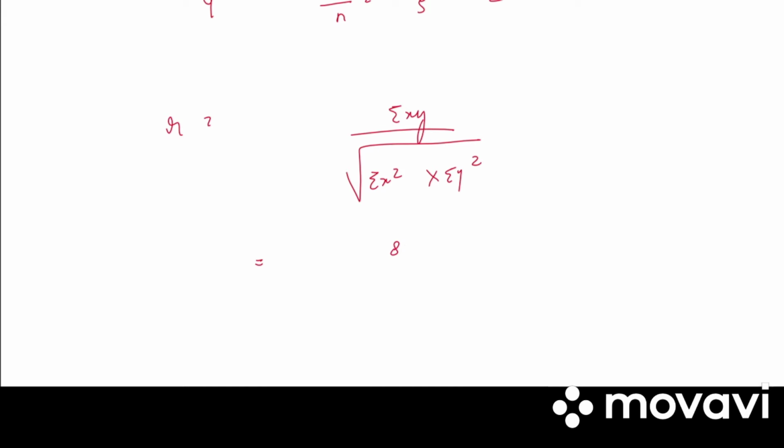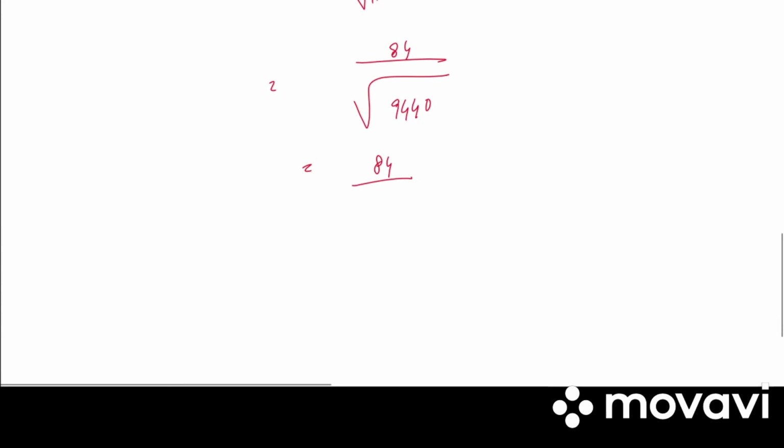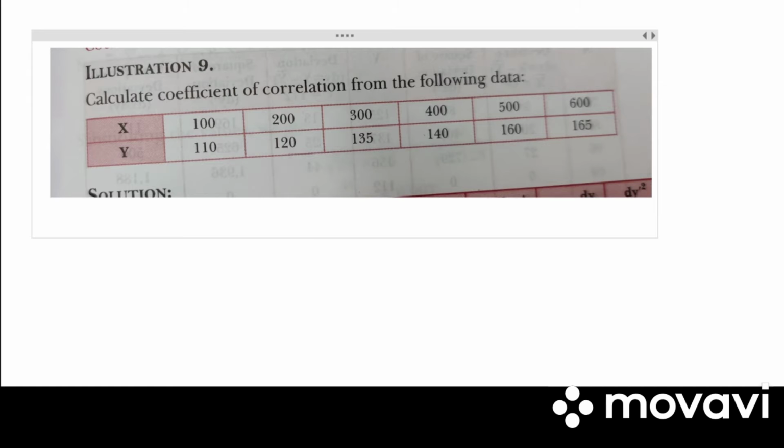So 84 divided by root of 118 into 80. 84 divided by root of 9440. 84 divided by 97.16, that is 0.86. Therefore coefficient of correlation is 0.86. Clear?